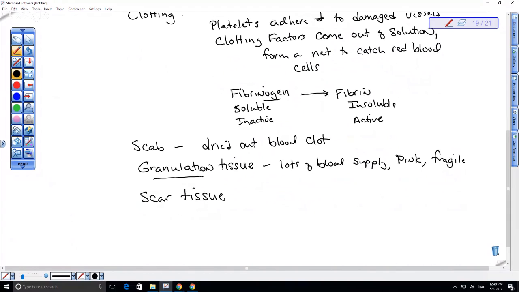Okay. So not always does scar tissue form, but if the damage is extensive enough, scar tissue is white. And it contains collagen fibers that knit the wound together.